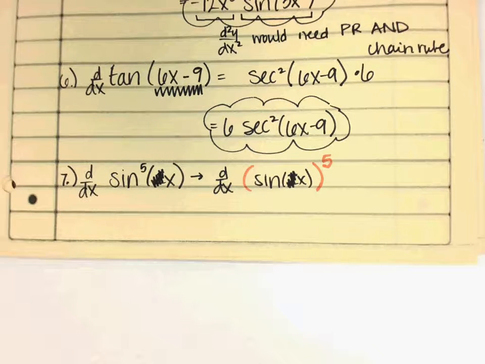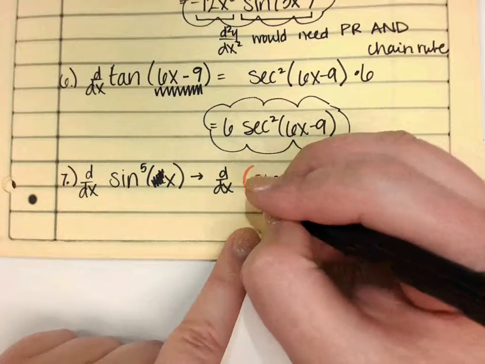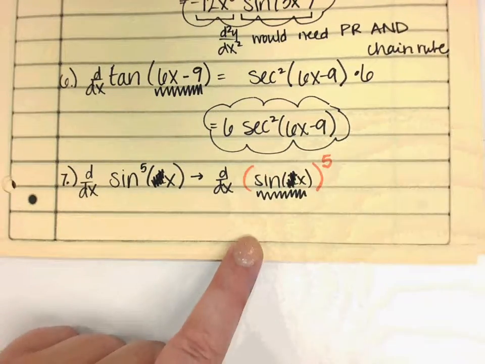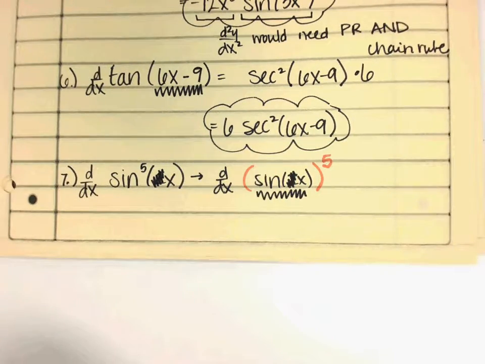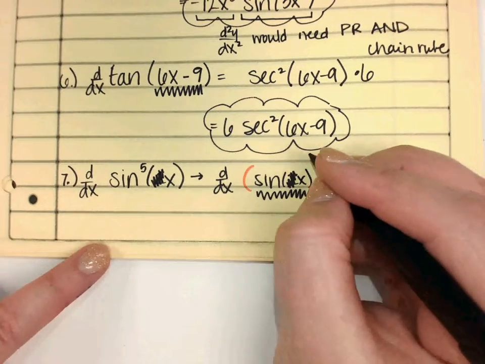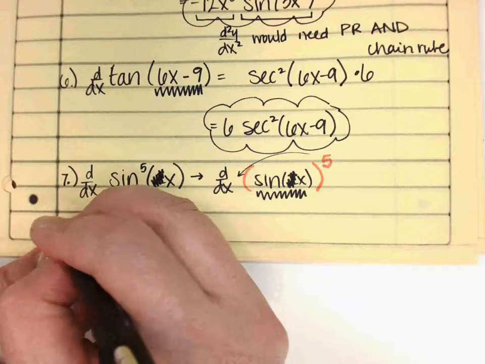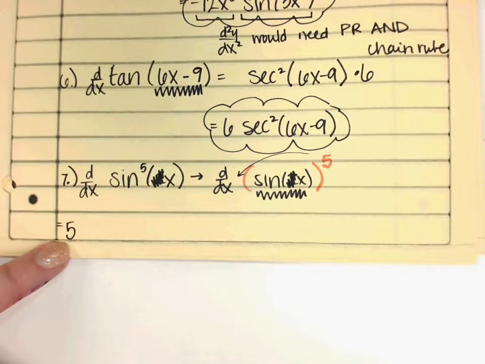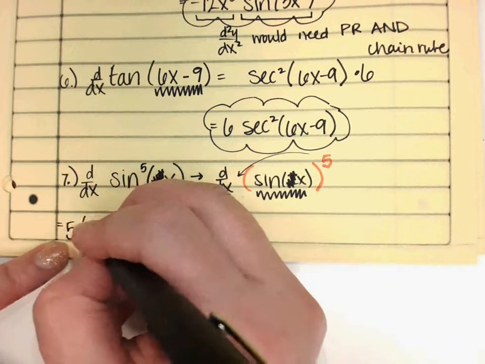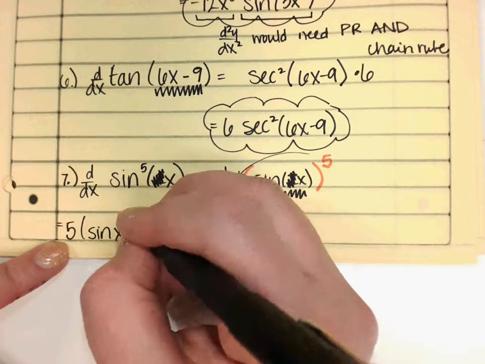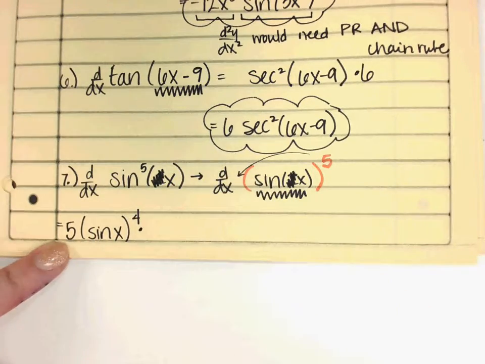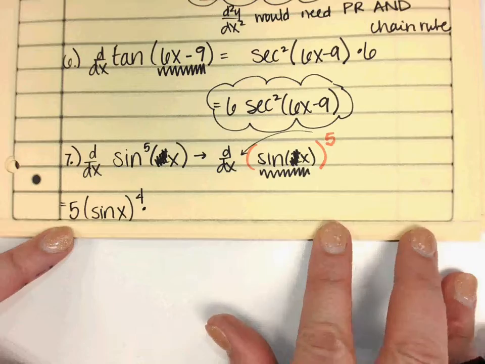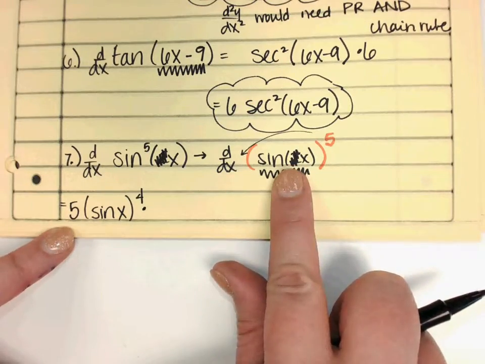Okay, so underline your core. What's the core? Sine x. So when I take the derivative, the 5 is going to move down to the front. What is the new power now on sine x? Sine x is now to the 4th times, what's the derivative of the core if the core is sine x?